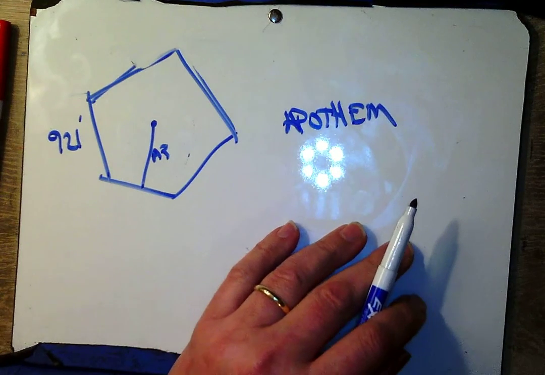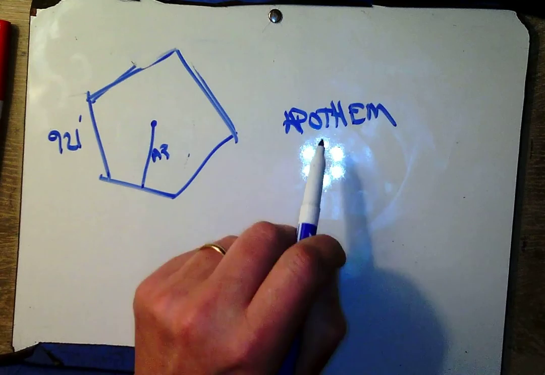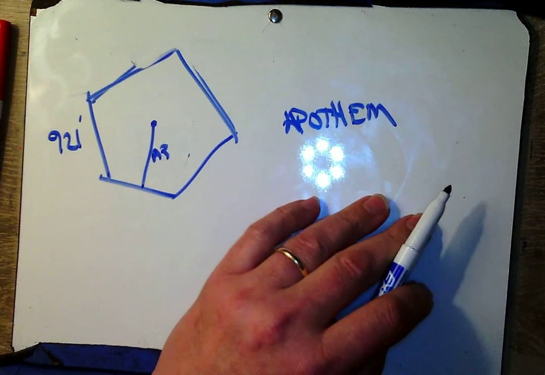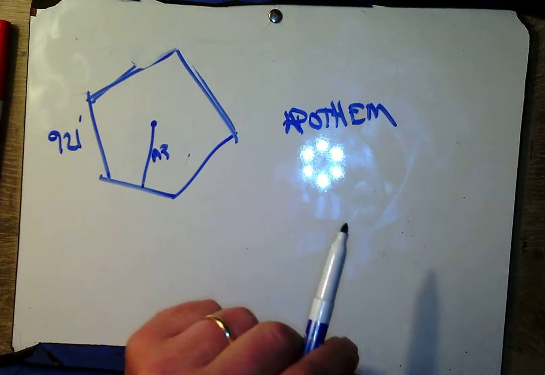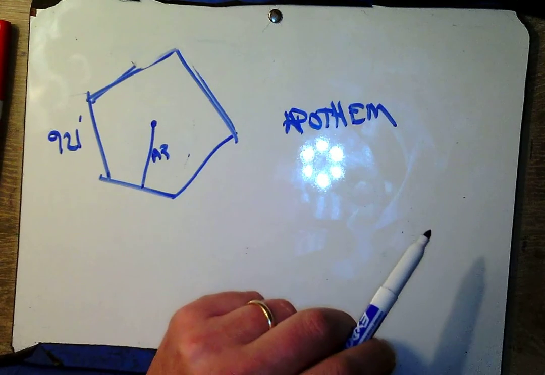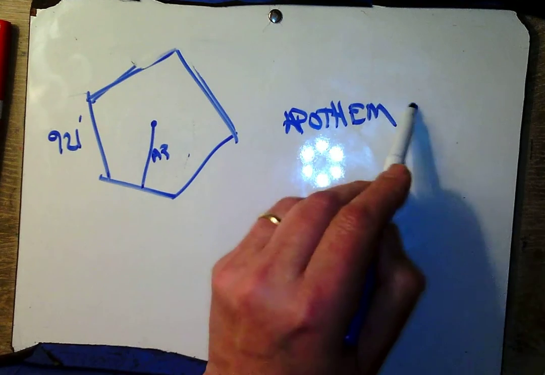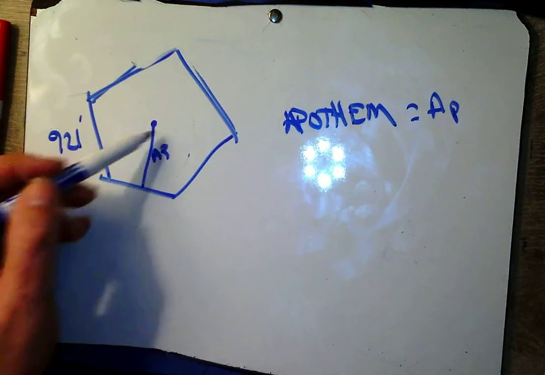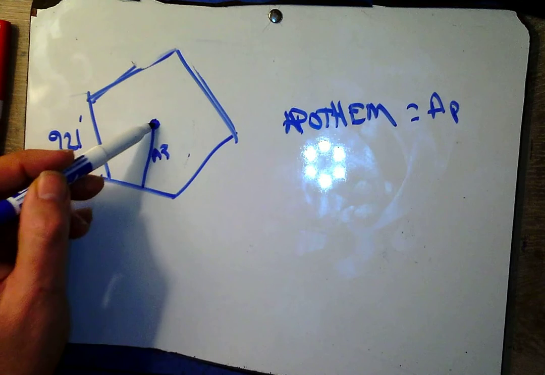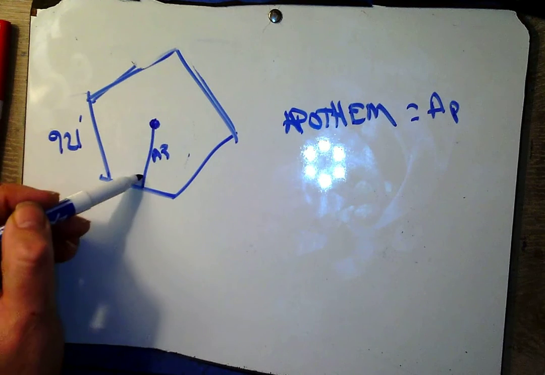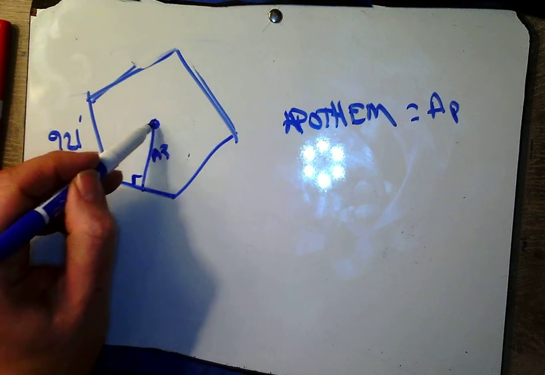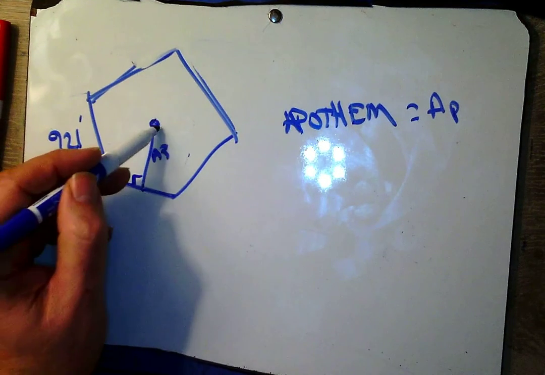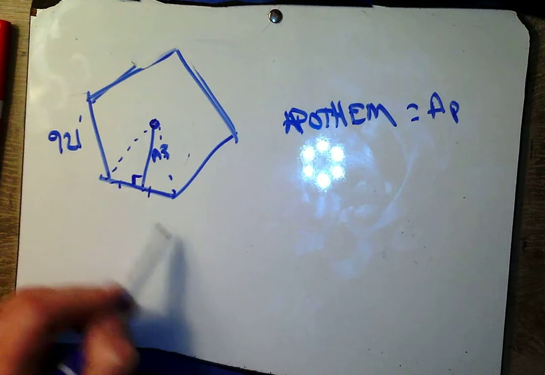The cool thing about being dyslexic is, this is apothem, or is it apothem? I think it's apothem, but one of you might want to look that up and put a message below the video. That's our AP. The apothem goes from the center of the object perpendicular to one of the sides. It does cut that side into two equal pieces.